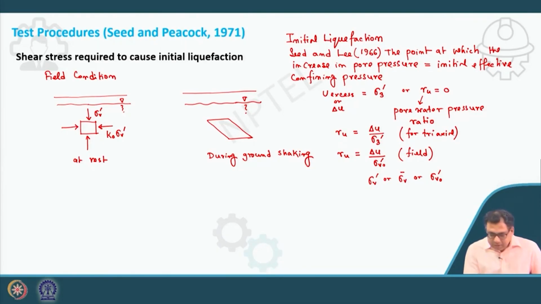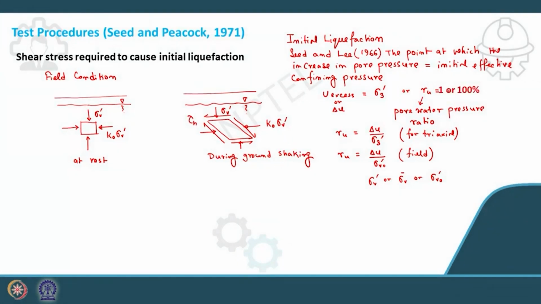Okay. So, here your sigma V dash will remain as it is, and this will also be K0 sigma V dash. But shear stress will also develop, say tau h.